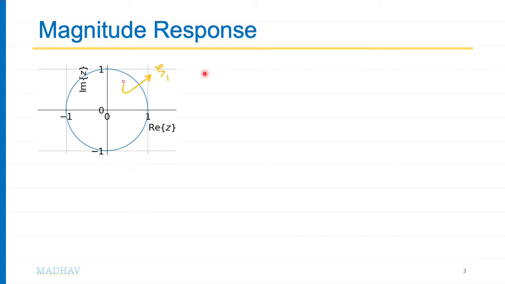Let us call it ζ_1, which is 0.8 e^{-jπ/3}. Now my term, like the H(e^{jω}), will be e^{jω} minus this ζ_1, right? So let's consider this term.